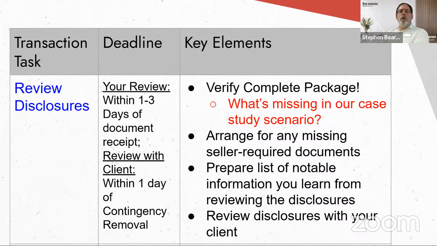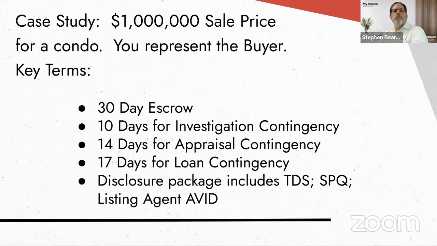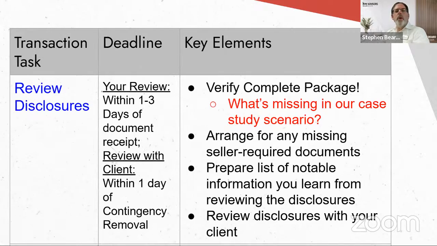And you want to review it with your client within 1 day of when the contingency for disclosures will be removed from the transaction. So if the buyer has an investigation contingency, like in our example, it's a 10-day investigation contingency, you want to be reviewing these disclosures no later than day 9, right?